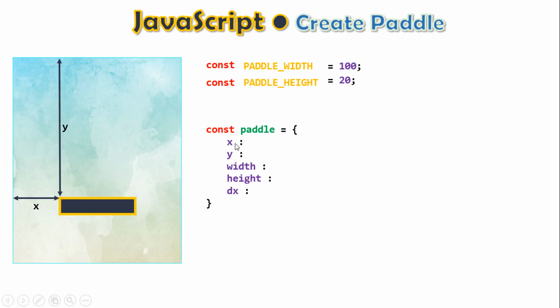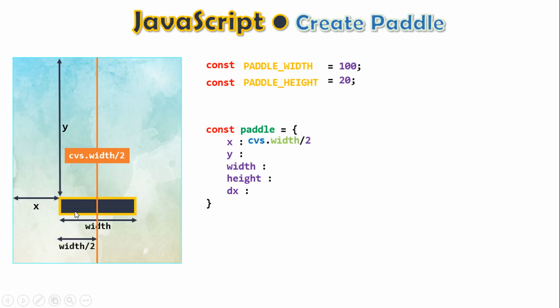Let's now define the x property. This is our canvas.width divided by 2, and this is the width of the paddle. So this is the width of the paddle divided by 2. Now the x is the canvas.width divided by 2 minus the paddle width divided by 2. That's the x position of the paddle.